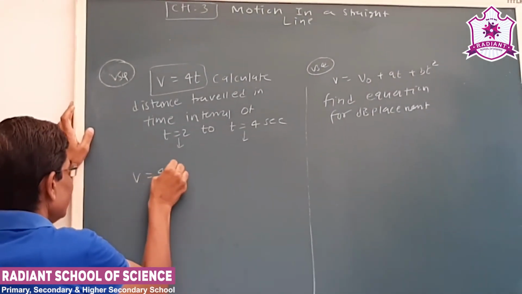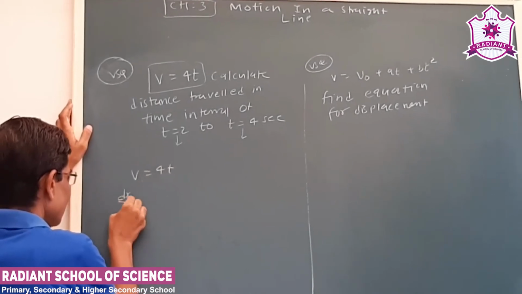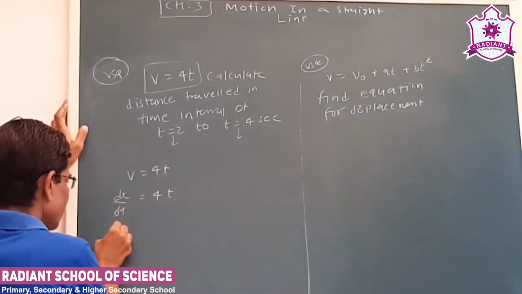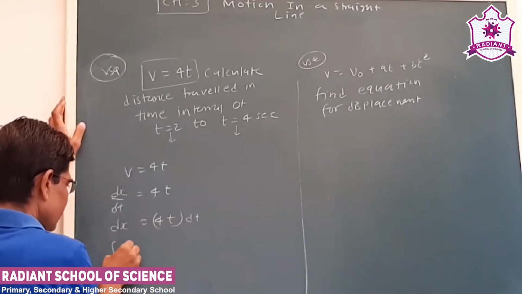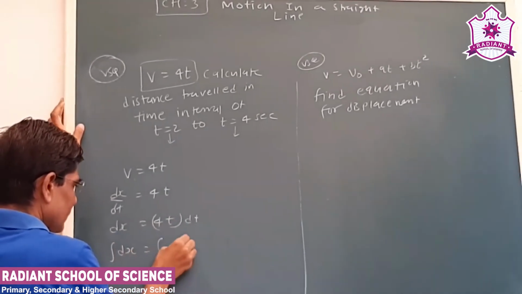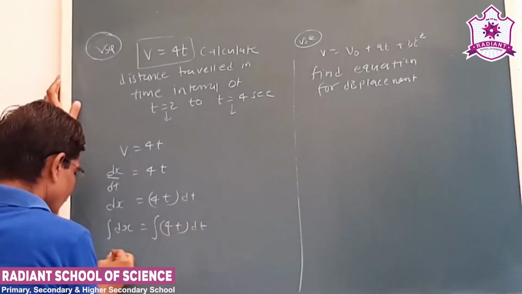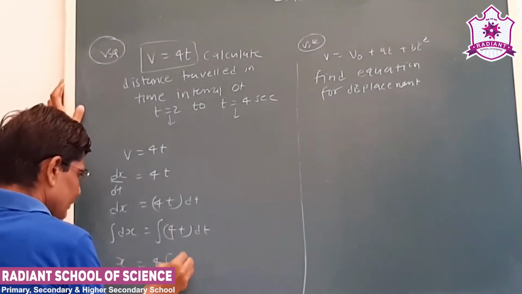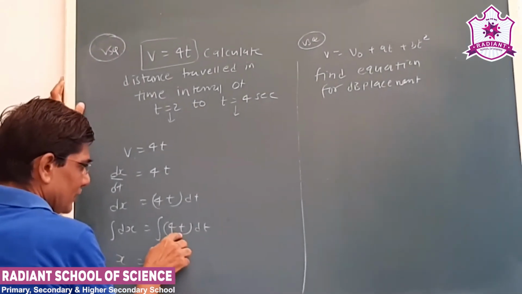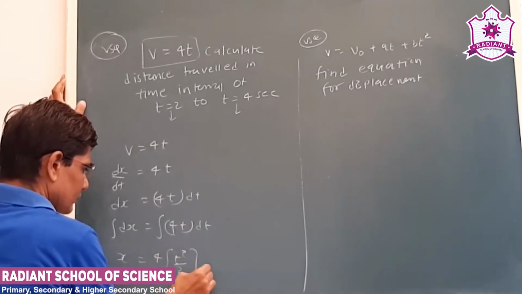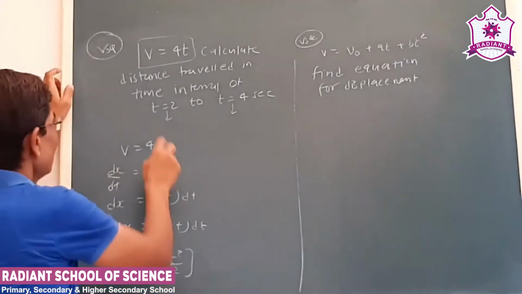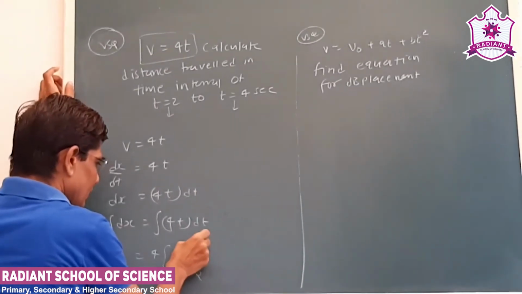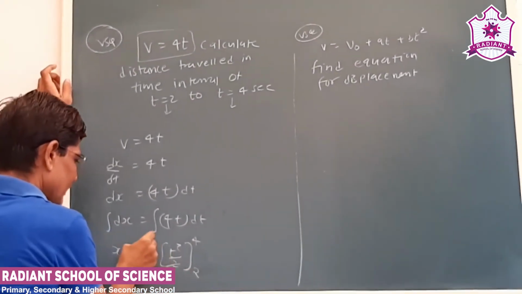Now v is equal to 4t, v is dx by dt, known to us. So dx is 4t dt. Now see, when we take integration on both sides, x, 4 is constant term, integration of t dt is t square by 2. Now see, what are the limits of the integration? 2 is the lower limit and 4 is the upper limit. This we can simplify.